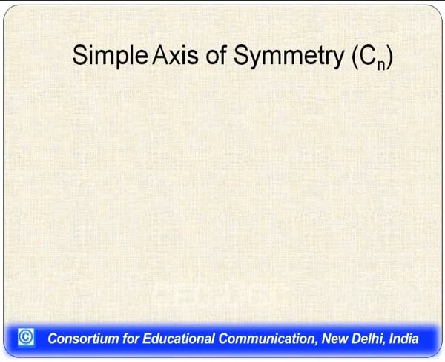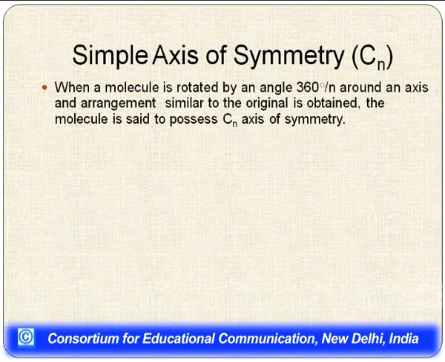The first one is the simple axis of symmetry, Cn. What is a simple axis of symmetry? A simple axis of symmetry is when a molecule is rotated by an angle of 360 degree divided by n. I would be defining what n is.